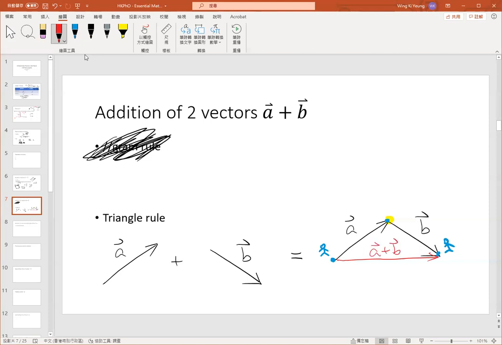So let me ask a question. Maybe you can help me to draw it on the board here. How can we prove that A plus B equals B plus A by drawing?